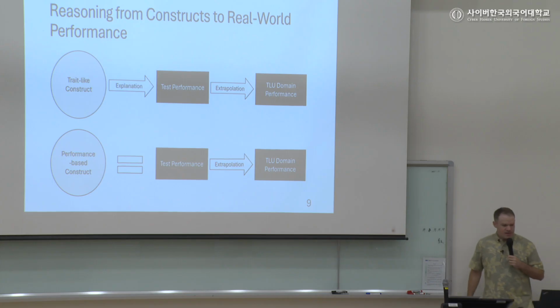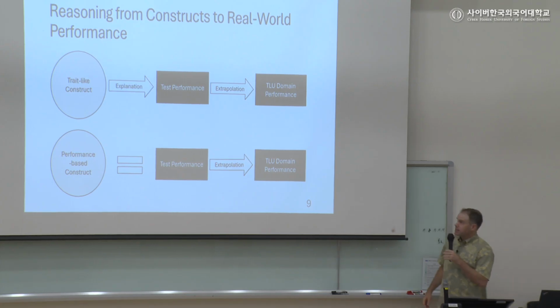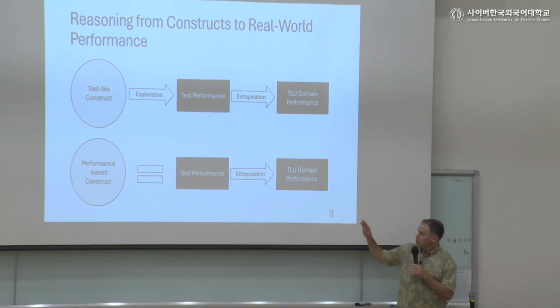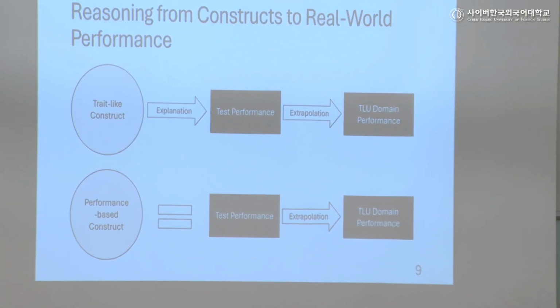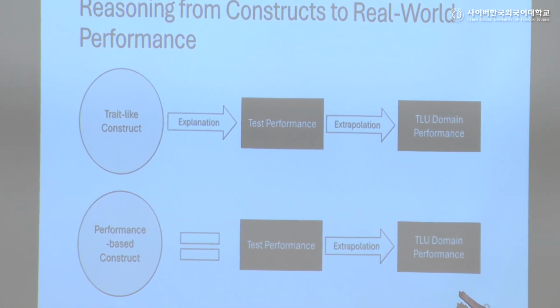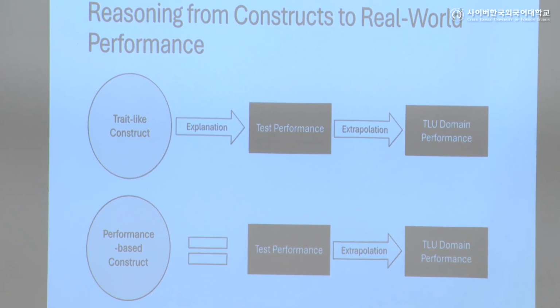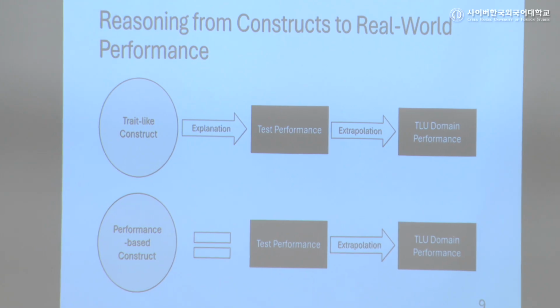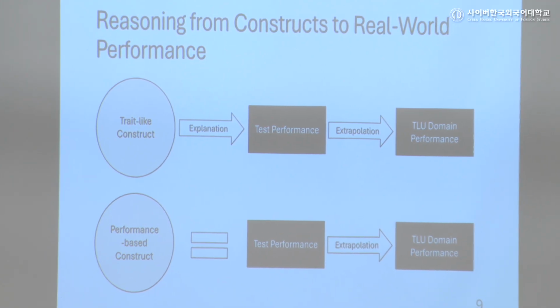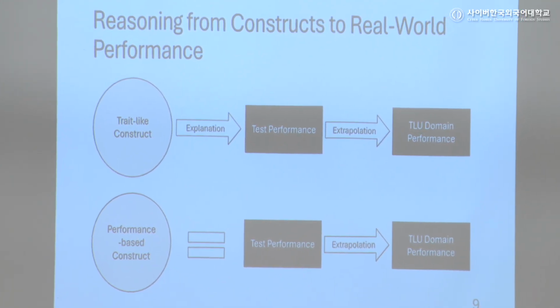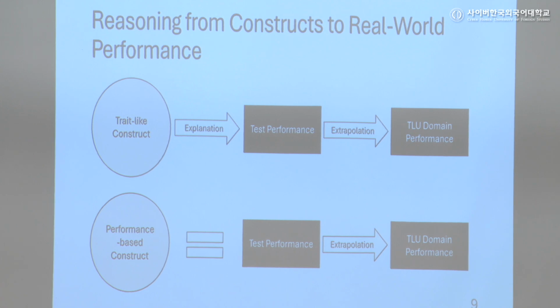And so we can think of it this way. Whether your test has a trait-like construct or more of a performance-based construct, you need that extrapolation inference. Some people would argue if you have mostly a performance-based construct, the explanation inference is not that important because your test scores are just equivalent to the performance consistency. So Kane thinks this way. And again, Chapelle, I've been trying to pin down her thinking.